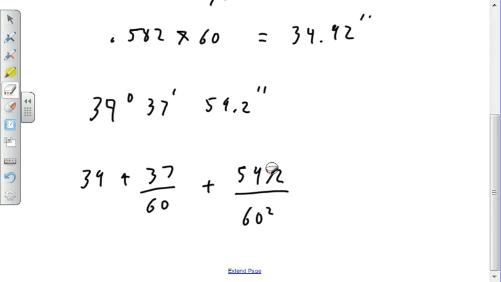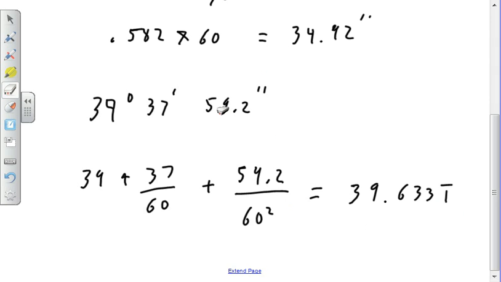And that's what I would put in my calculator. 39 plus 37 divided by 60 plus 59.2 divided by 60 squared, and looks like I got 39.6331 repeating. But then I'd have to ask myself, how many significant digits do I have?